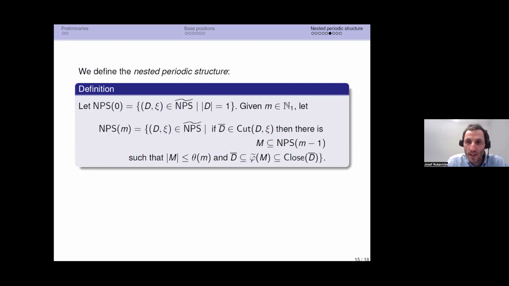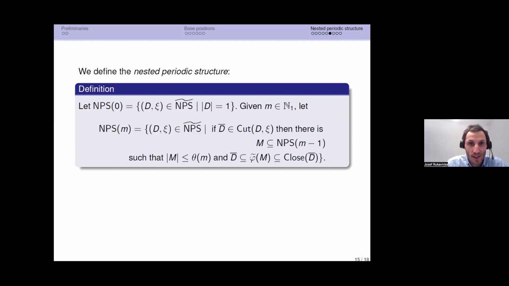I will explain it easier than the definitions are. So I define recursively, I define the nested periodic structure. For the parameter 0, the nested periodic structures are just positions of the word Z.